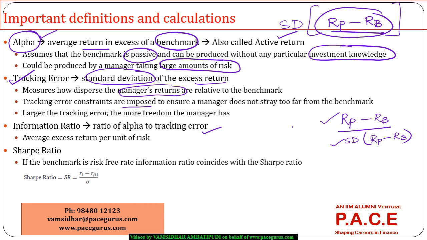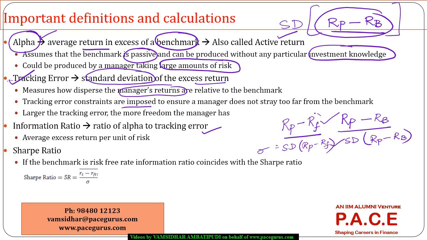The formula is more or less similar to that of the Sharpe ratio, because in the Sharpe ratio also, we talk about the return on the portfolio, but here we take the risk-free rate of return, and here we are considering the standard deviation of the return on the portfolio minus the risk-free rate of return, which is nothing but your sigma out here.